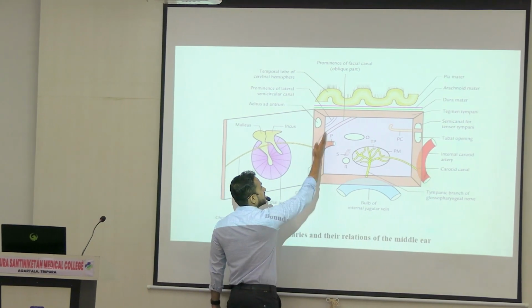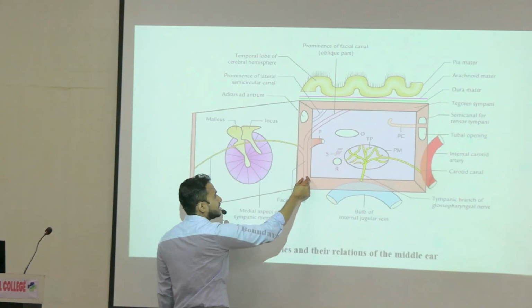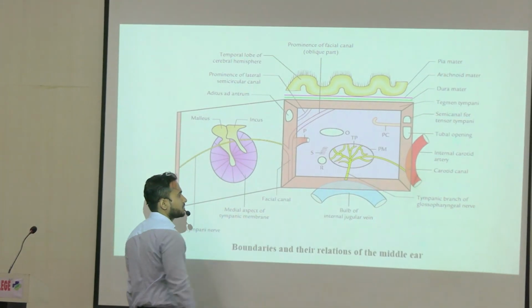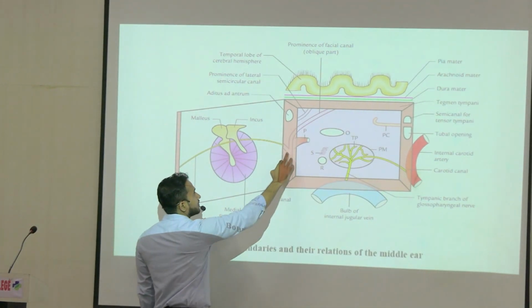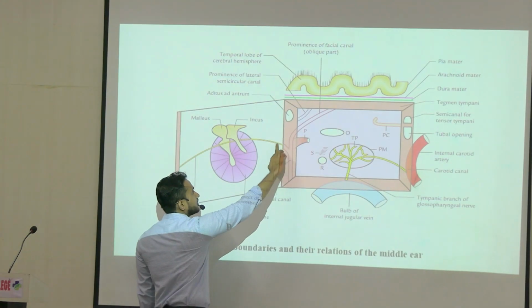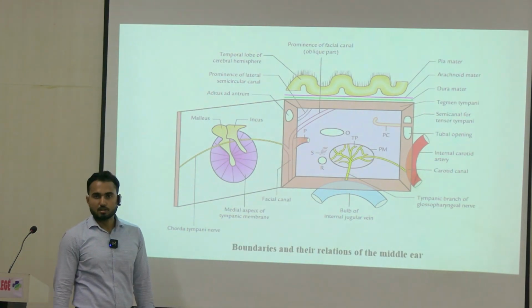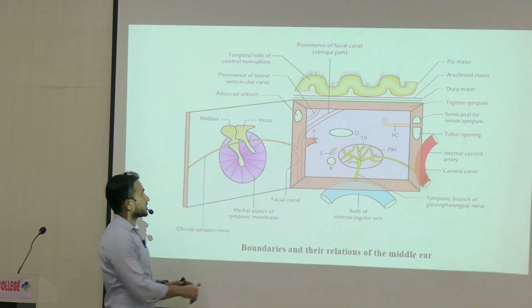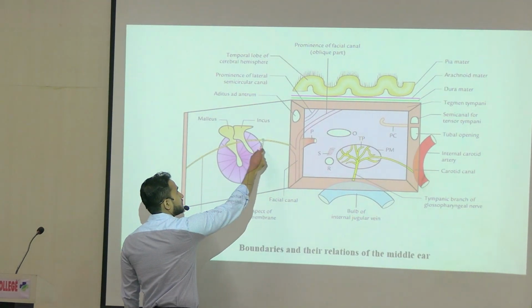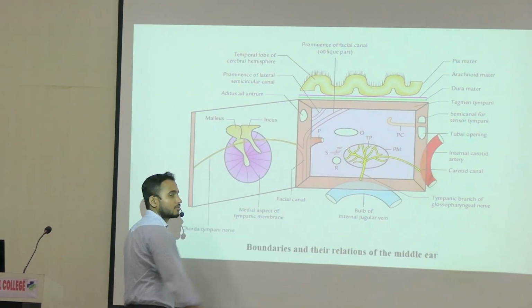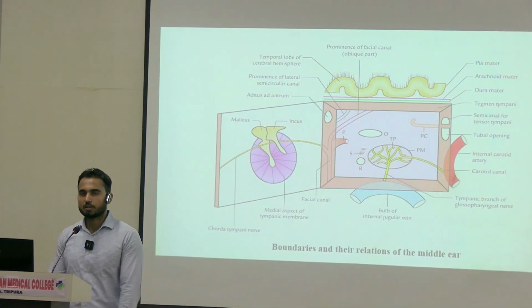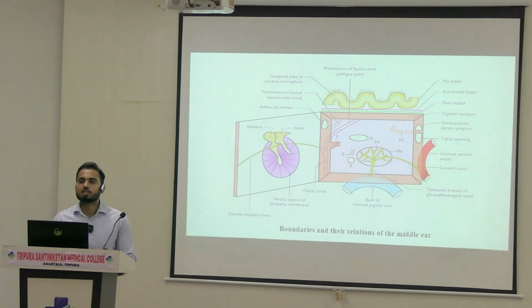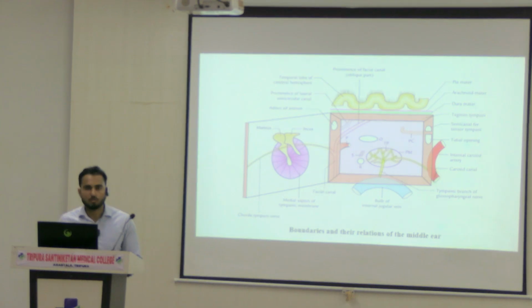This is the facial canal, like this it is coming, and here it will terminate as the stylomastoid foramen. Now here you can see this is the posterior canaliculus, and from it this is the chorda tympani nerve coming out. Okay, so these are some important features of the posterior wall.